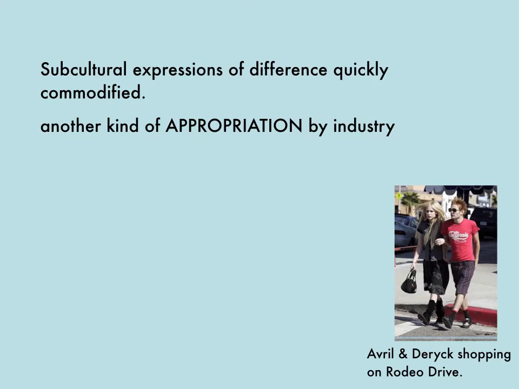Okay, so of course this is how capitalism and style consumption work. Those subcultural expressions of difference, that you're not like everyone else, right, very quickly become commodified and turn into something that can be sold to you in order to refresh and make other products for people to buy once they've been popularized and seem to be somehow authentic, right?